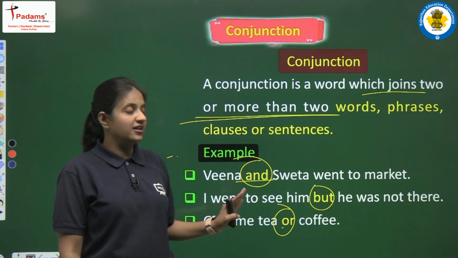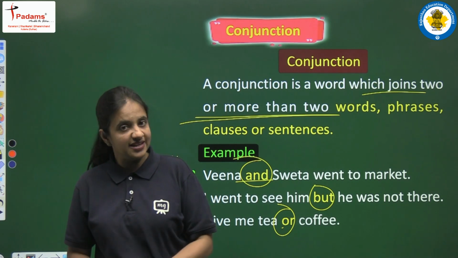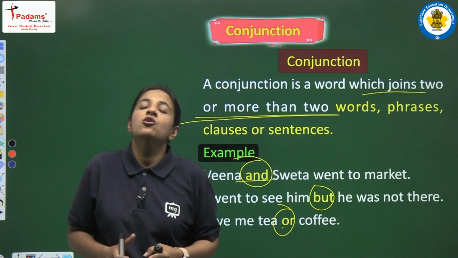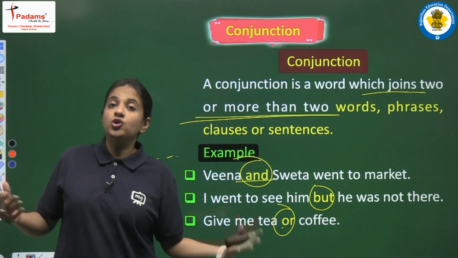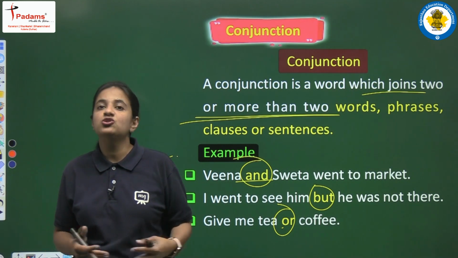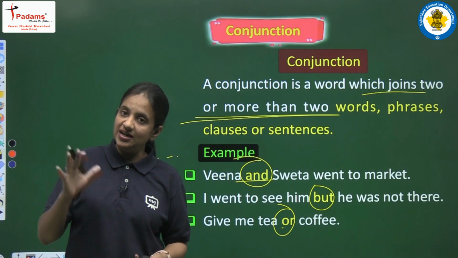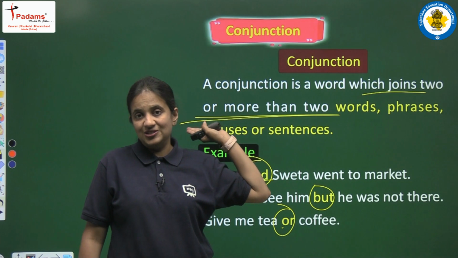One thing is clear here, that there are so many words included in this category, known as conjunction, and what role do all these words play? All these words are used to connect, to join two or sometimes more than two words, clauses, sentences, and yes, there can be phrases also.